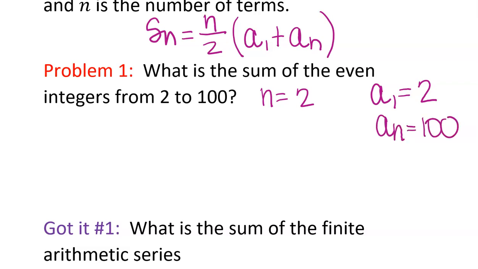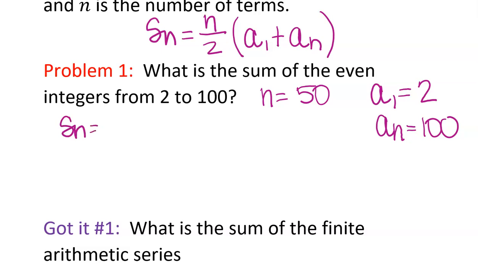But we do need to know how many terms this would have. If we take 100 and divide it by 2, we're only looking at the even integers. There's going to be 50 of them. You don't want to list those all out and figure it out that way.